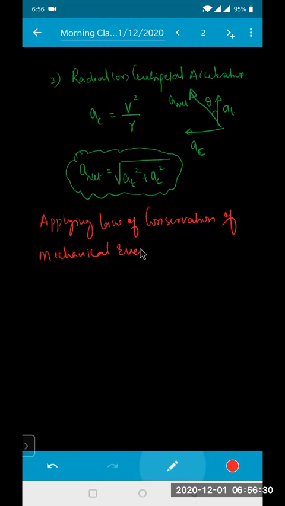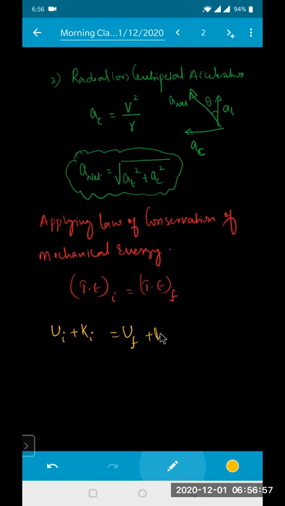Total initial energy must be equal to the total final energy. So initial potential energy plus initial kinetic energy must be equal to final potential energy plus final kinetic energy.